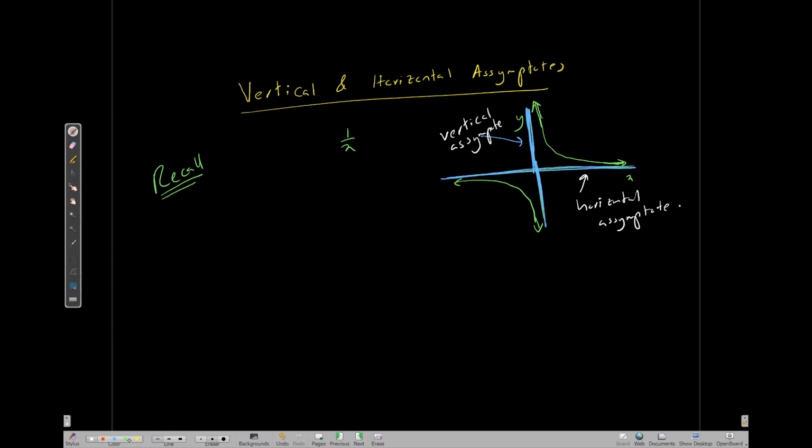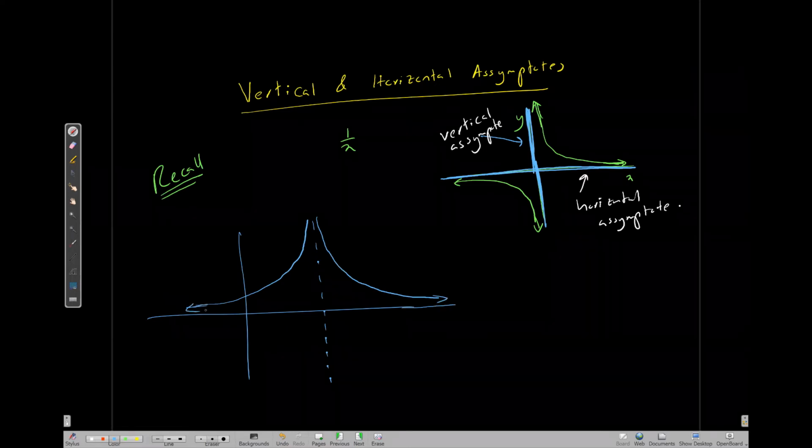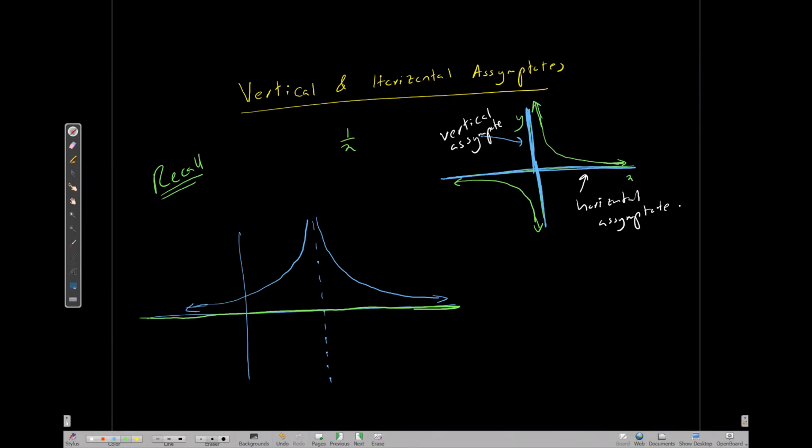Now, what if you had a graph like this? It can be like this, let's say from both sides. What if your graph is doing this? So it's limiting down here to the x-axis.